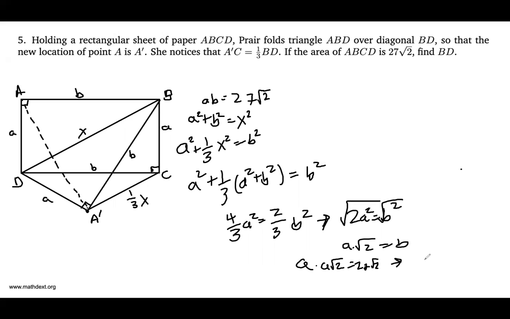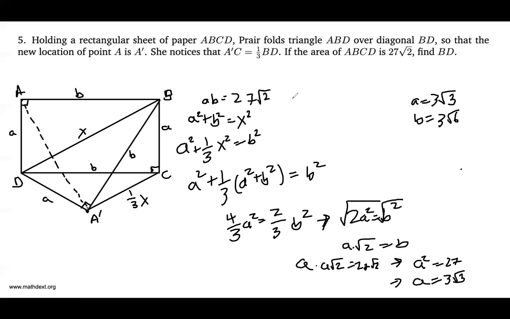So therefore, A squared equals 27, and taking the square root of that, you get A equals 3 square root of 3. And B is equal to A root 2, so B is equal to 3 root 6.